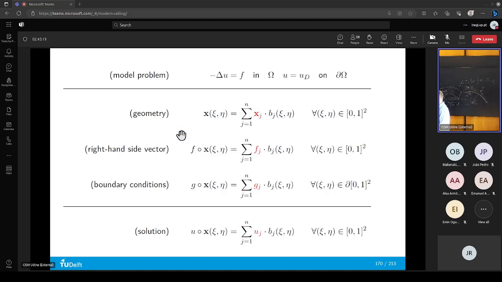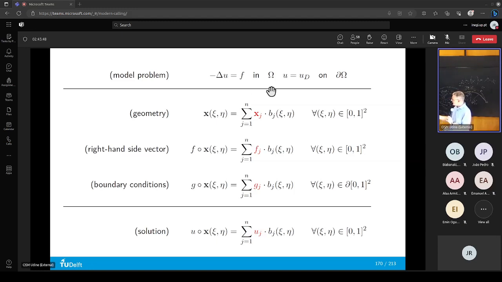Okay, long story short, our model problem again, Poisson, and I apologize, I used the delta. This is another way of writing the second derivative. And now I try to change my wording more toward the machine learning community. We are encoding everything that we want to input: the geometry, the right-hand side or the load vector, and, in this case, Dirichlet boundary conditions.